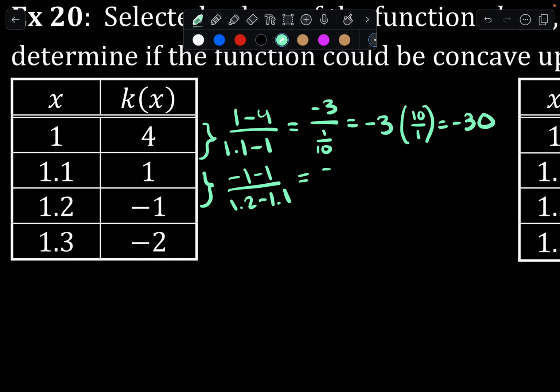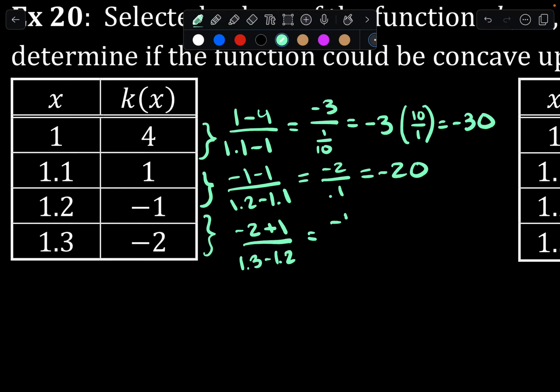So now I have -2 divided by 0.1, which is going to be equal to -20. Down here, I have -2 minus 1. Sorry. That should be -2 plus 1, because it's -2 minus 1, or minus -1, which would be plus. And then this will be 1.3 minus 1.2.